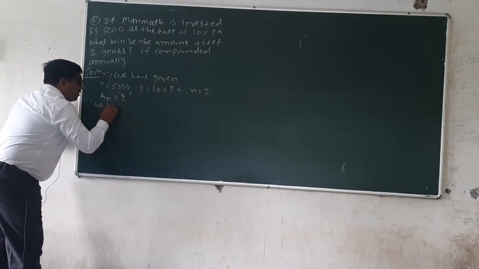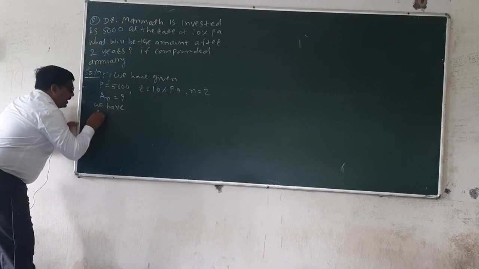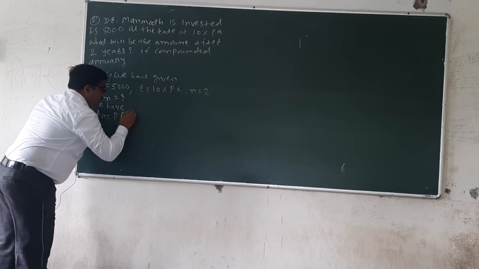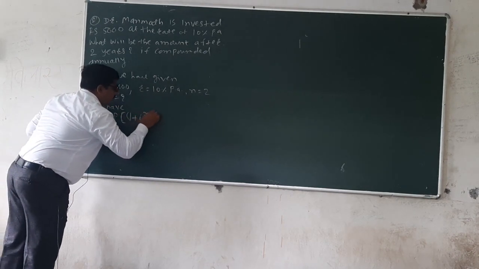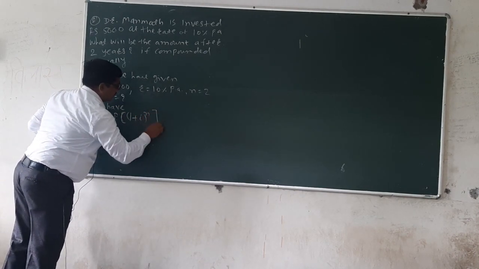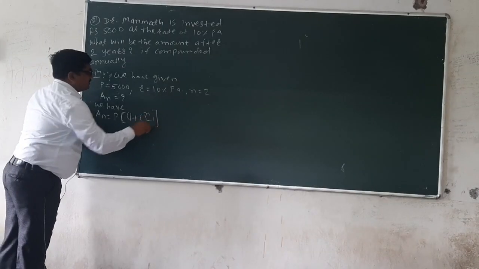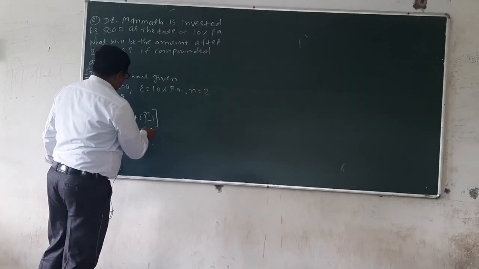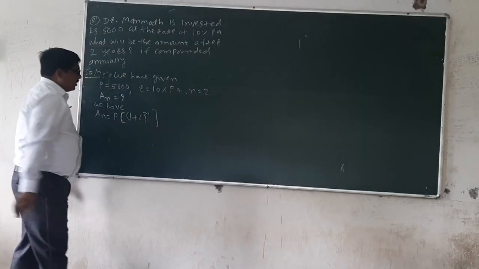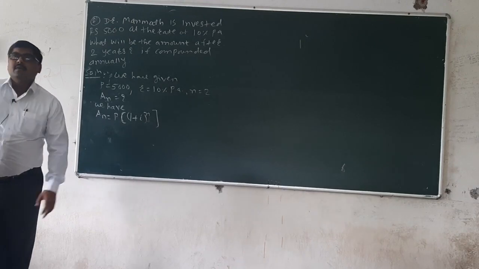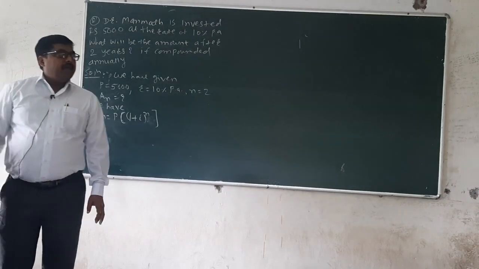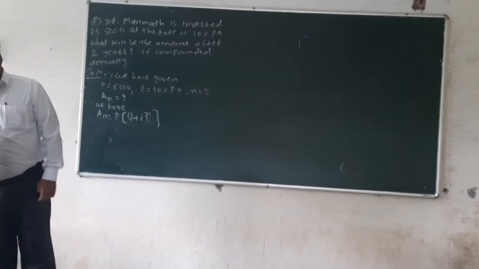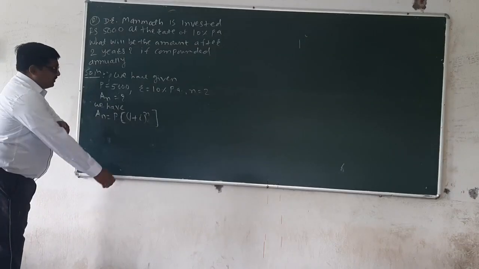We know AN equal to P into (1 plus I) raised to power N. This is the formula for amount.